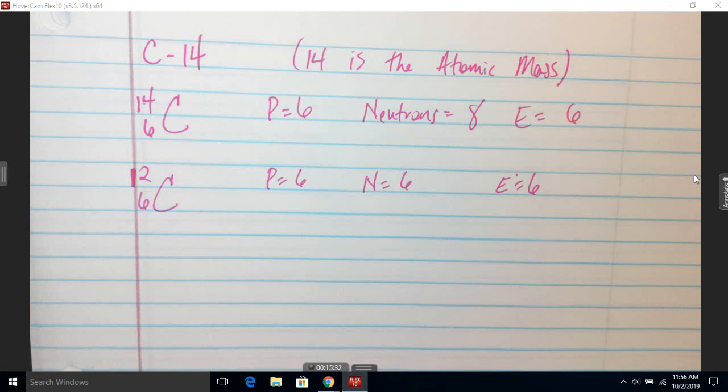Yes? Okay. We're talking about isotopes. An isotope is when the nucleus has a different amount of neutrons. So carbon on the table has a mass of 12 and a number of 6. So 12 minus 6, he's going to have 6 neutrons.